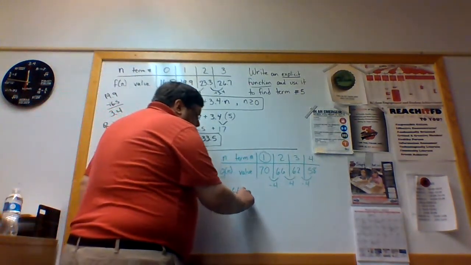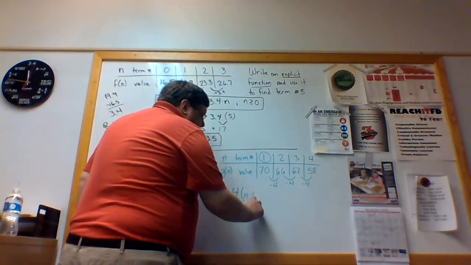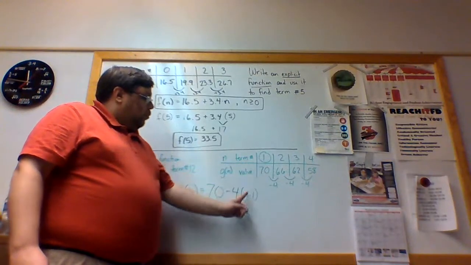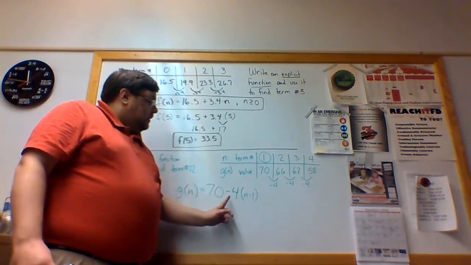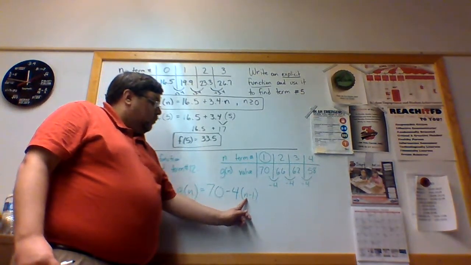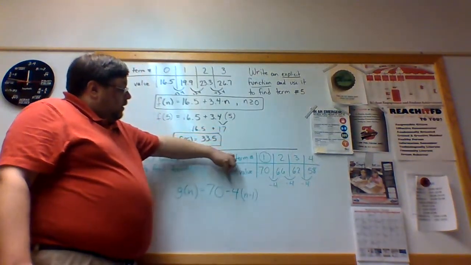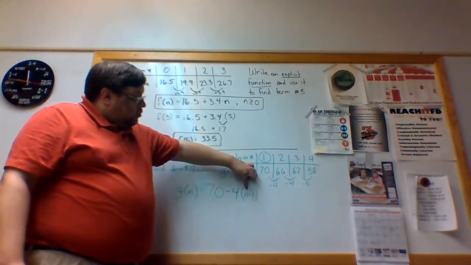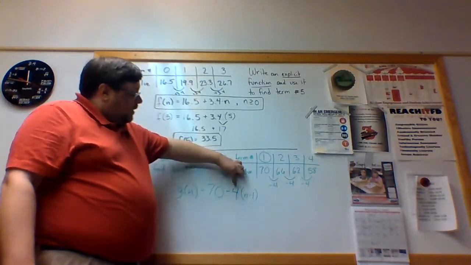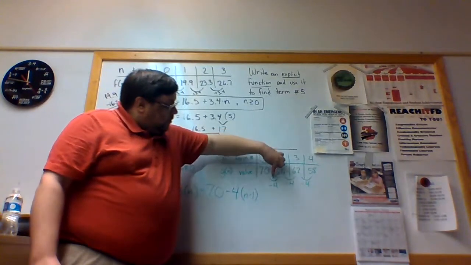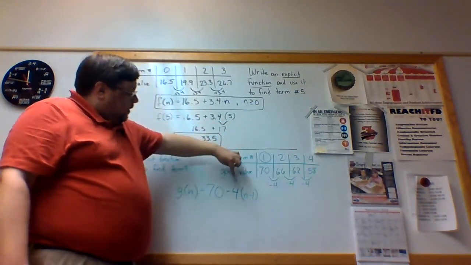So what I'm going to multiply that 4 by this time is n minus 1. So that way, if I put in term number 1, this would say subtract 4 0 times. If I put in term 2, then this would be 2 minus 1 or 1, so we'd subtract 4 only once. Term 3, notice I subtracted 2 4s to get there.